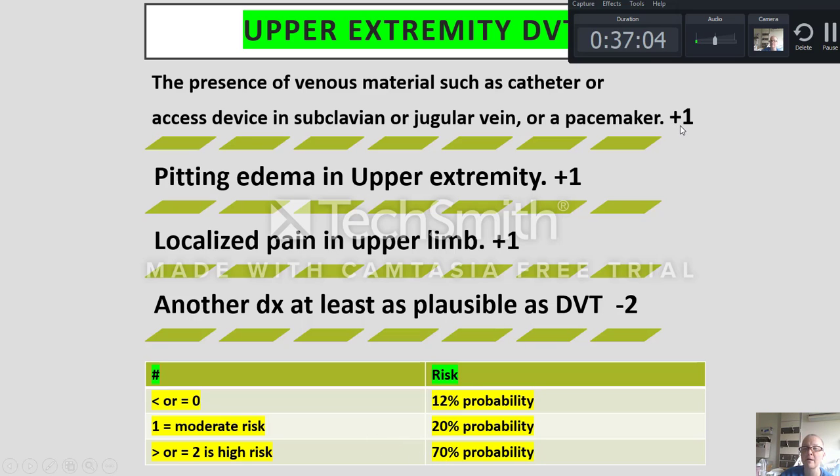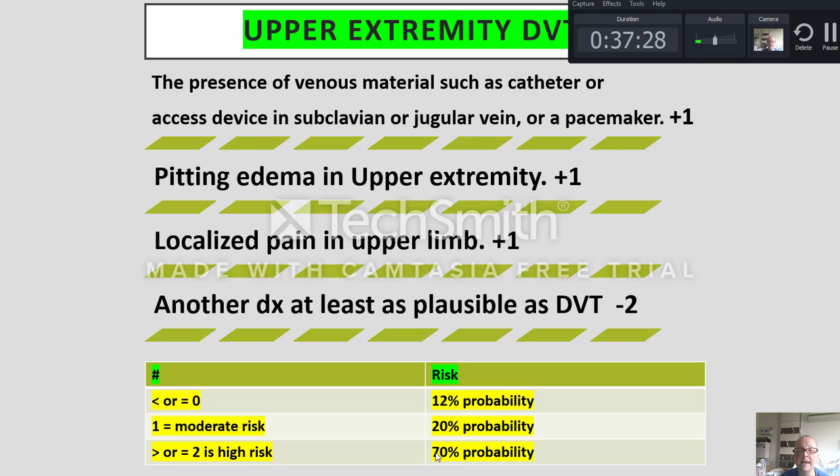So since this is a 1+, we're looking at probably a 20 to 70% probability of an upper extremity DVT if there's presence of venous material such as a catheter or access device in the subclavian or jugular vein or a pacemaker.